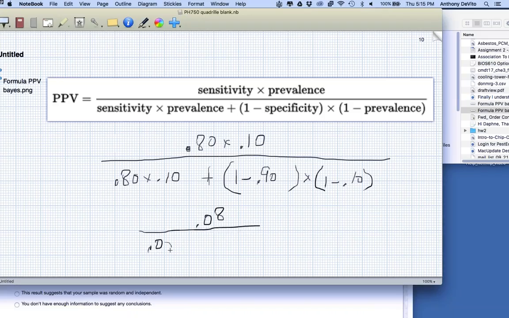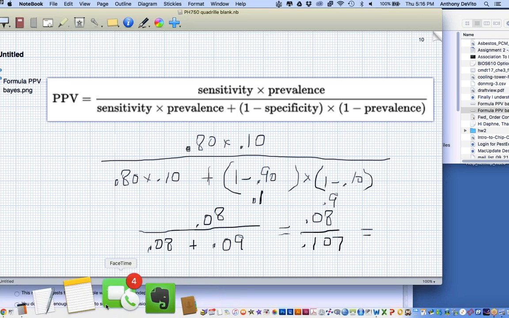Over 0.08 plus 1 minus this, 1 minus that is 0.1, right? Okay, and 1 minus 0.1 is 0.9, right? So 0.1 times 0.9 is 0.09. So we got 0.08 divided by 0.107. Numbers look familiar? What does that come out to?